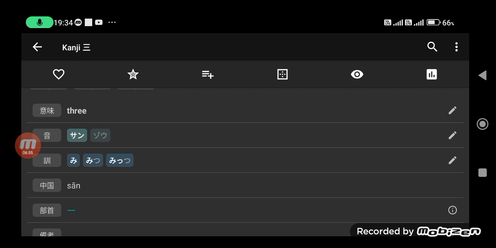In romaji, or the Roman equivalent of the Japanese reading, the romaji for mitsu is MITSU, but with the presence of the consonant doubler, it is now MITTSU.